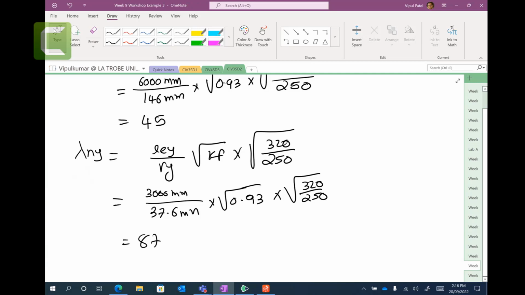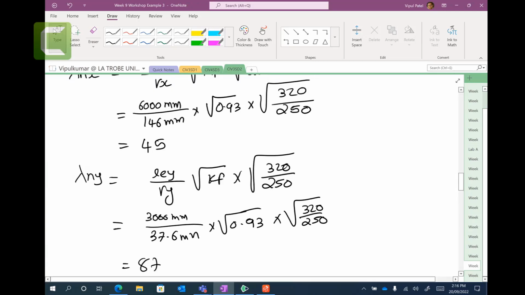Yes, please. Yes. Because of different radius of gyration. Look at that. Therefore, the radius of gyration also plays a role, not only the length. Therefore, I gave you the theory.